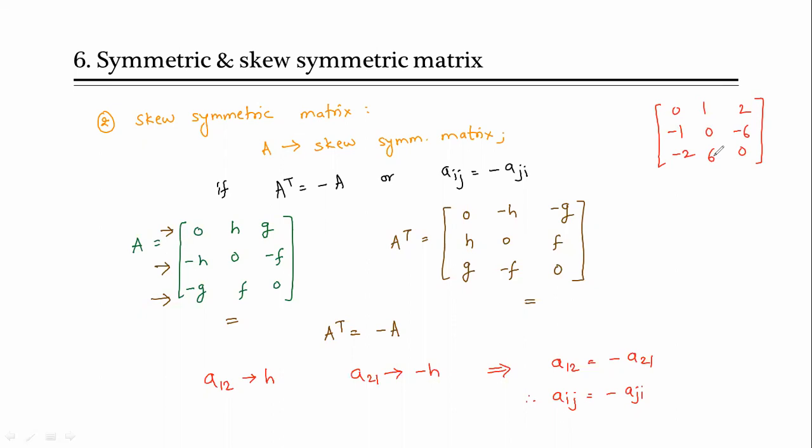So these are the definitions of symmetric and skew symmetric matrix. If Aij is equal to Aji, it's a symmetric matrix, and if Aij is equal to minus Aji, it is going to be a skew symmetric matrix. I hope you have noted this down. Diagonal elements of a skew symmetric matrix are zero. So these are the points you have to remember.